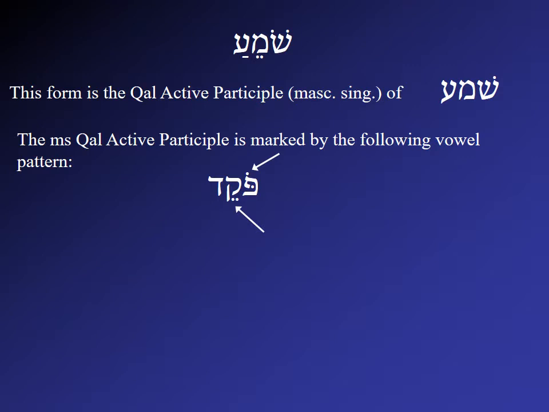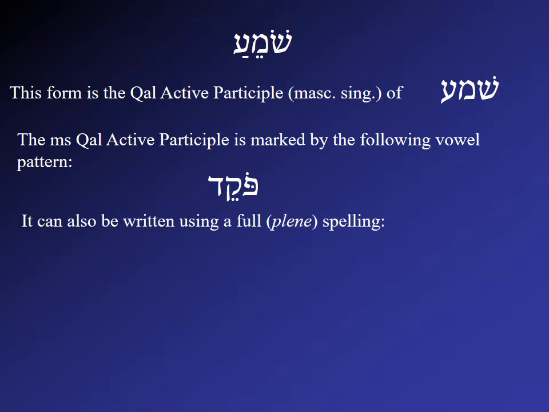This is the classic form of the masculine singular kal active participle. One can also write the same word in plene spelling. So instead of the holem, you would write the holem vav. So poqed, fully written. These two forms, poqed with the holem and poqed with the holem vav, are exactly the same. Simply these are different ways of spelling.